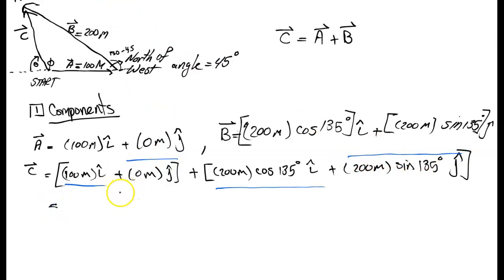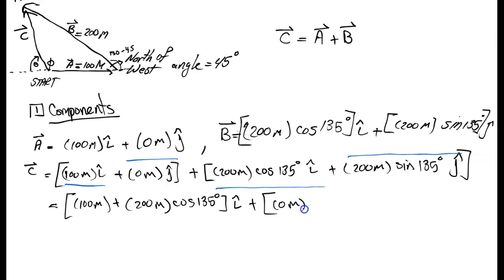And if we do that, we get that vector C is going to be 100 meters plus 200 meters times the cosine of 135 degrees in the I hat direction, and it's going to be 0 meters plus 200 meters times the sine of 135 degrees, and all of this in the J hat direction.